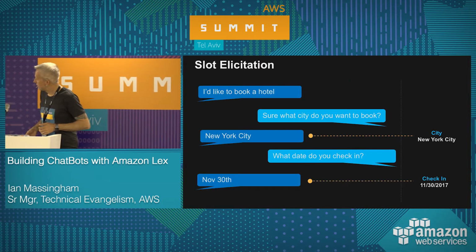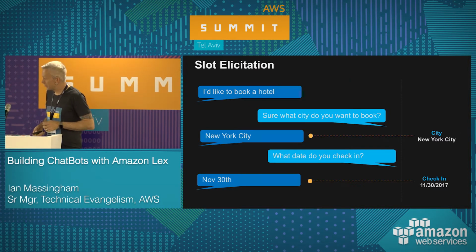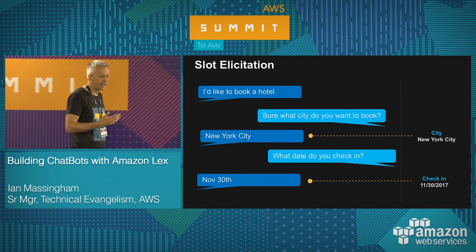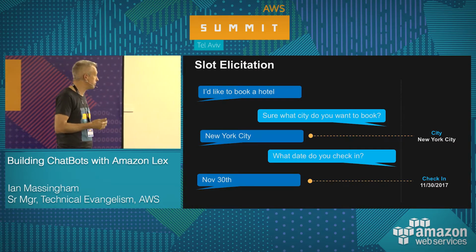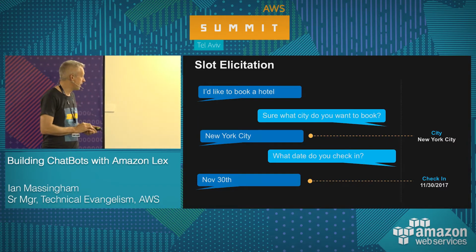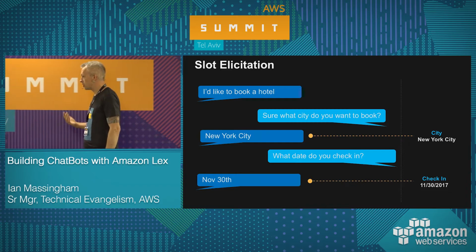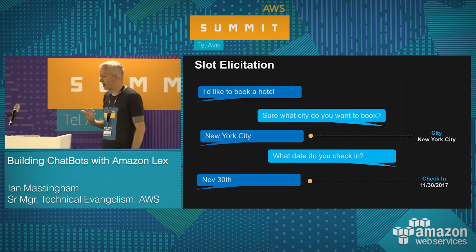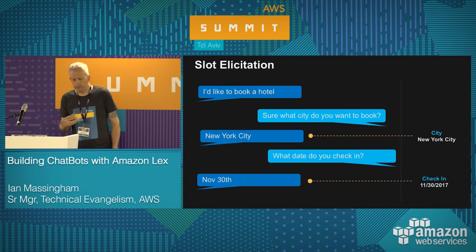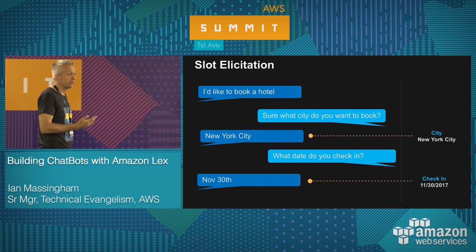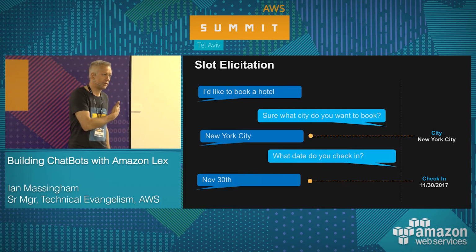Okay, I'm going to skip on a little bit. Slot elicitation. So there are two ways to do this. This is filling in this data model to ensure that we've got the right components that we need for fulfillment. You can do this in simple terms just by defining these slots within the console, or you can integrate with a fulfillment function that has richer validation and provides a greater degree of customization over this slot elicitation process.